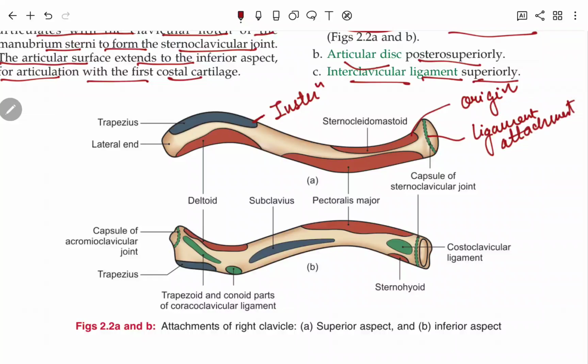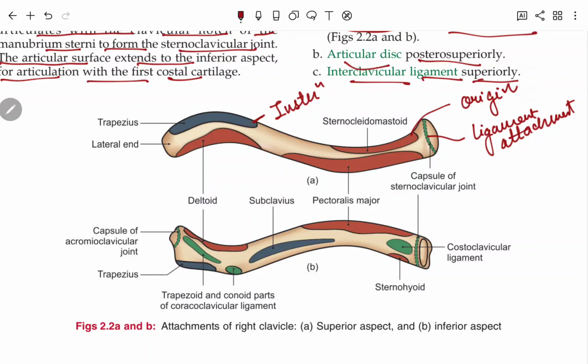So there is no origin or insertion in the ligament. A ligament is present between two bones. We can remember it in a similar way: bone to bone is ligament. And a muscle originates from a tendon and gives insertion at the bone.